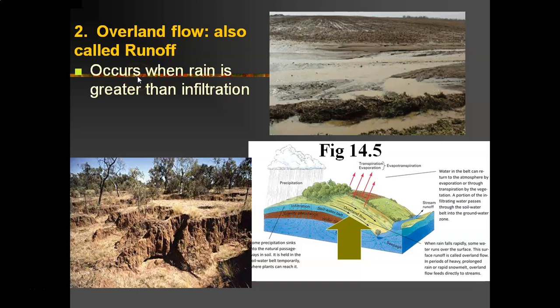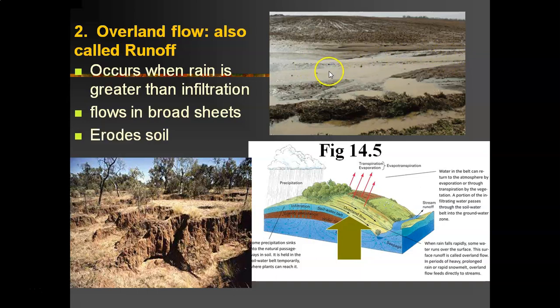Overland flow, or runoff, is going to occur when rainfall is greater than the infiltration rate. What's going to wind up happening is the rain is going to flow in broad sheets over the surface, and then it's going to start to accumulate in low spots. Here's a winter scene around here, and so you wind up with erosion.